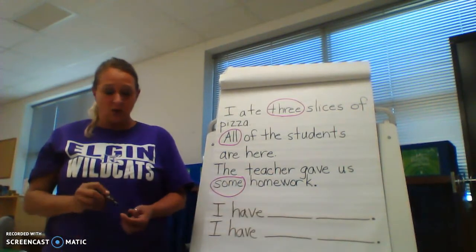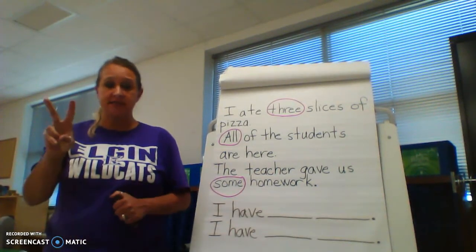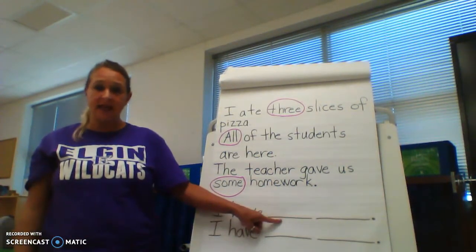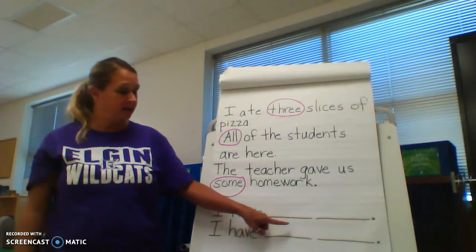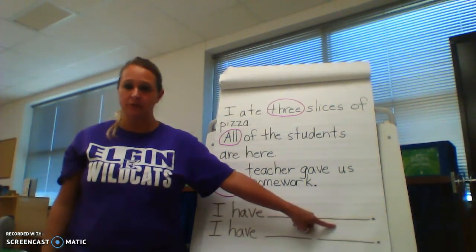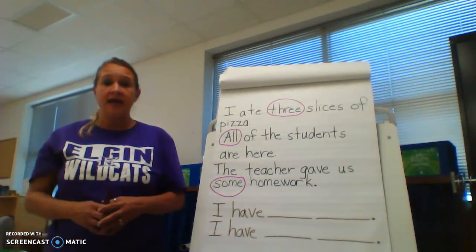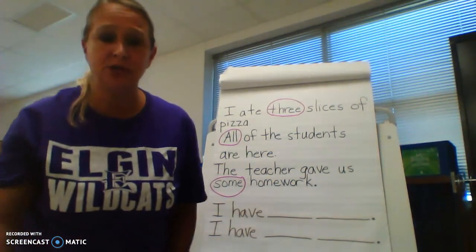Okay, so I want you to write 2 sentences that tell me the quantity, how much or how many of what object. Okay, 2 sentences in your journal. Take a picture of it and upload it to your Google Classroom.